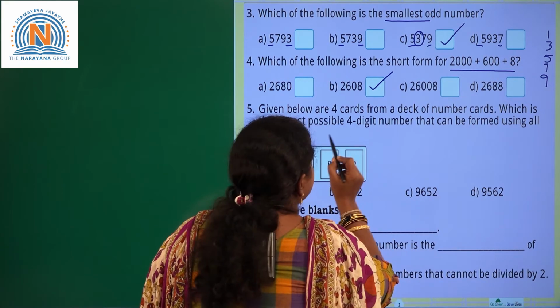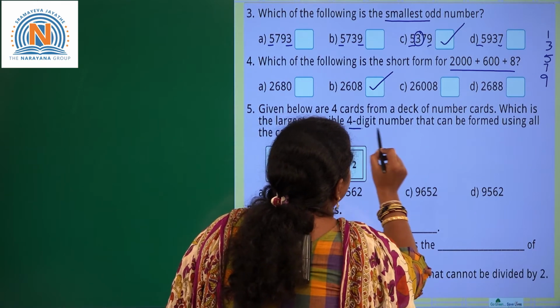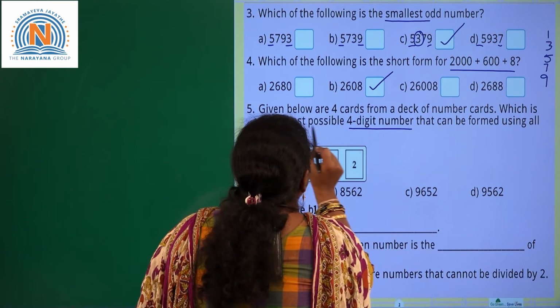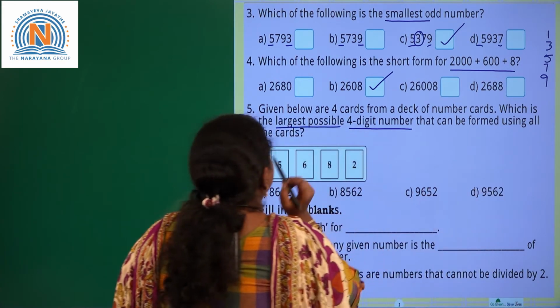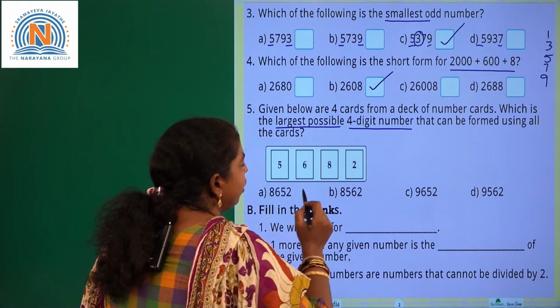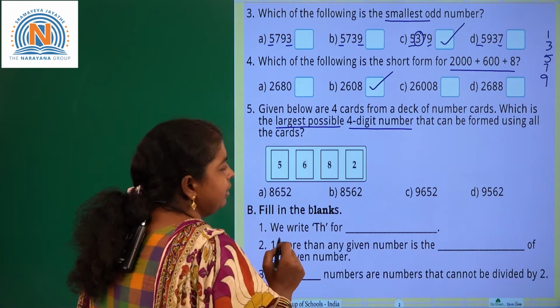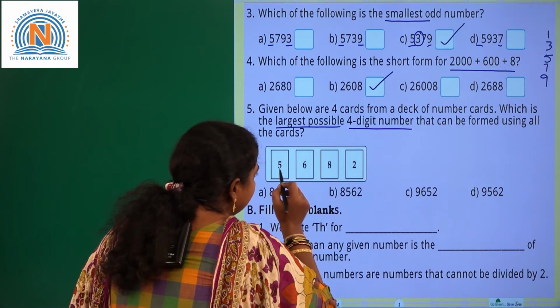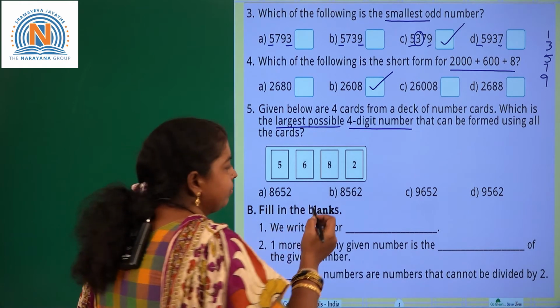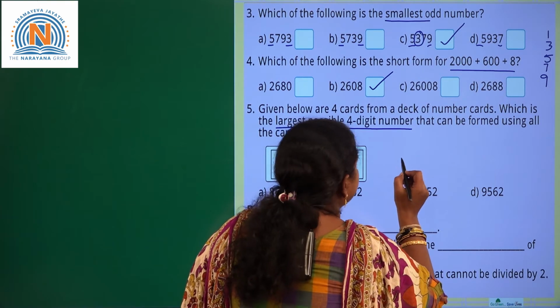Next one. Given below are 4 cards from a deck of number cards. Which is the largest possible 4-digit number? Largest possible 4-digit number that can be formed using all the cards. Okay. How will you write it? By writing the given digits in descending order.